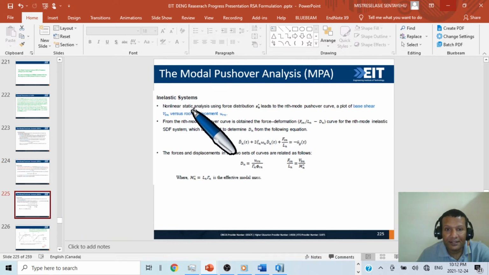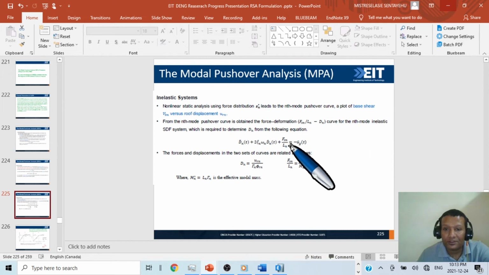Again, nonlinear static analysis using this force distribution leads to the nth mode pushover curve, a plot of base shear versus roof displacement. We have talked about this many times. From the nth mode pushover curve is obtained the force deformation curve for the nth mode inelastic single degree of freedom system, which is required to determine Dn from the following equation. We discussed it already.